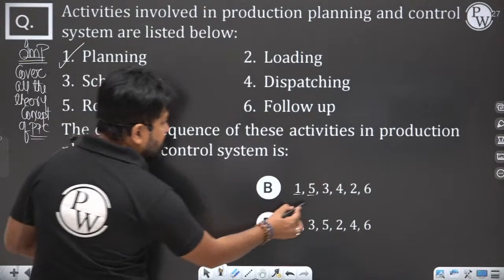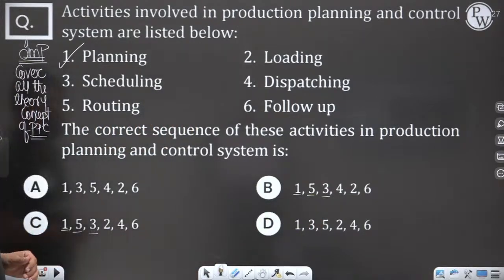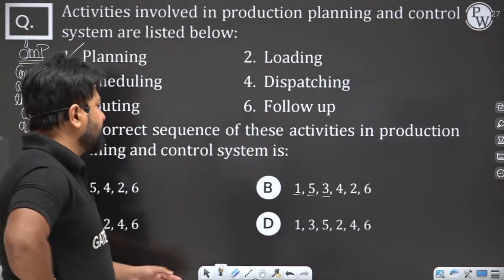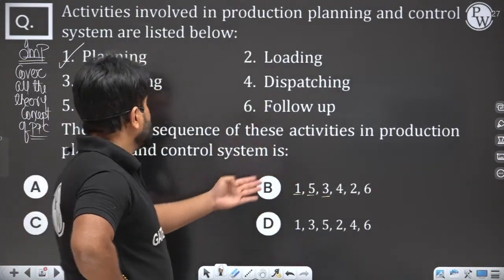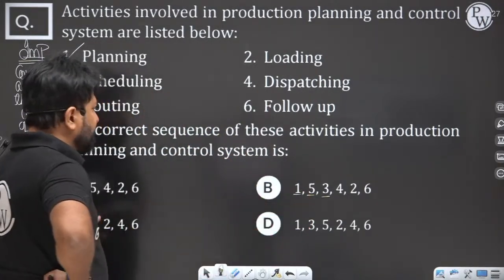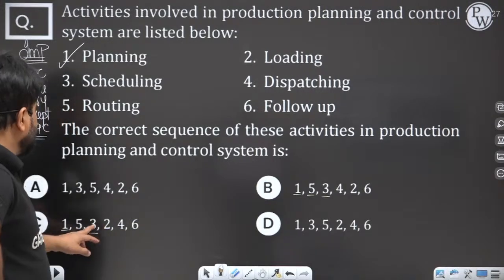3 is here. After scheduling, what is required? Loading, or fourth is dispatching? No. Loading is required, my dear. You say scheduling, my dear, scheduling we have done. After scheduling, what do you say?